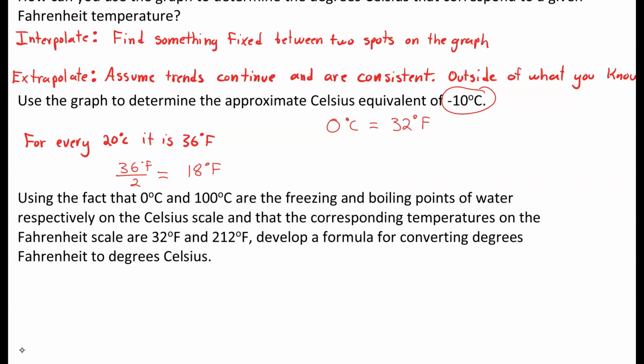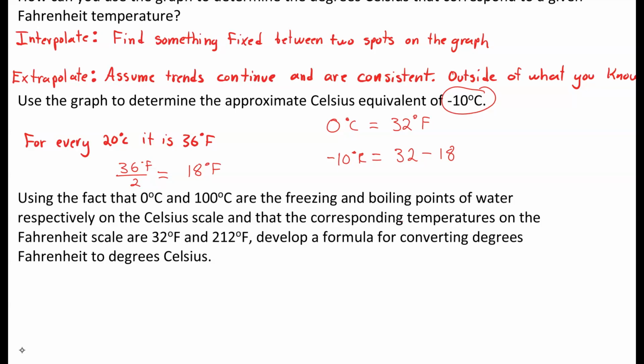If 0 degrees Celsius is 32 degrees Fahrenheit, we can work backwards, knowing that -10 degrees Celsius is going to be equal to 32 degrees Fahrenheit subtract 18 degrees Fahrenheit, because that's our change in Fahrenheit for every 10 degrees Celsius, and we're going to -10, so that's why we're subtracting 18 as well.